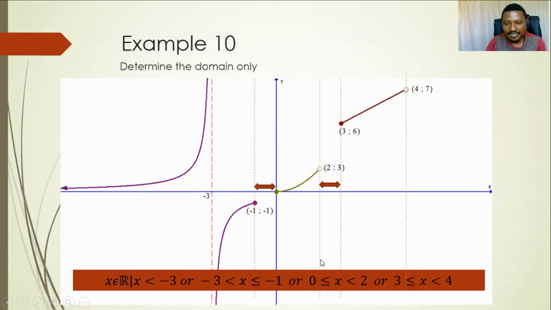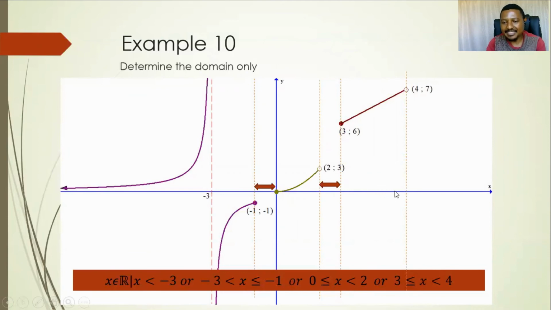Remember, 0 is included because we have a shaded circle there. We say x is greater than or equal to 0, and x is strictly less than 2, because there we have an open hole. So 2 is not part of the interval.